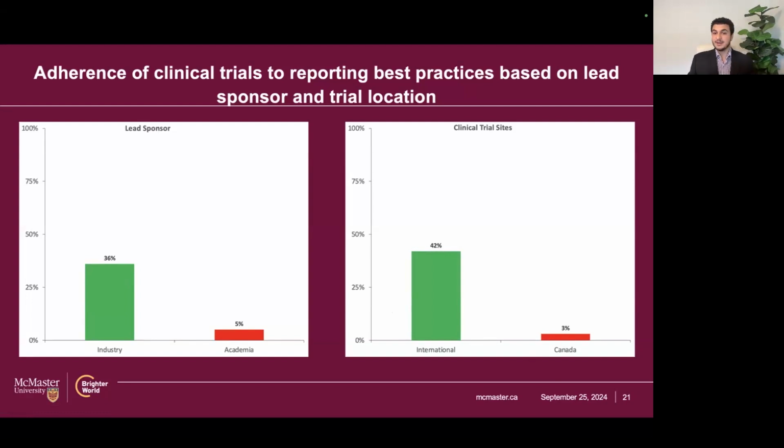Now that said, we may justify this by explaining that international trials perhaps have more funding, perhaps those are more likely to be funded by the industry where there is more regulation, and perhaps Canadian trials have smaller participant numbers and are less likely to be funded by the industry.